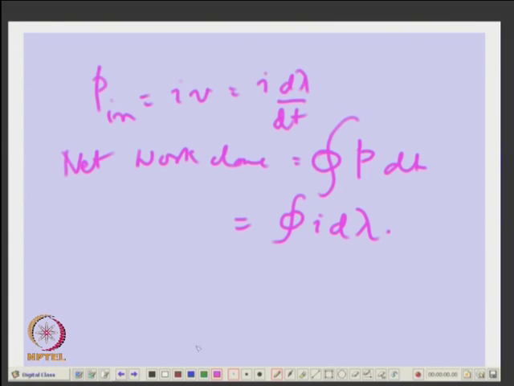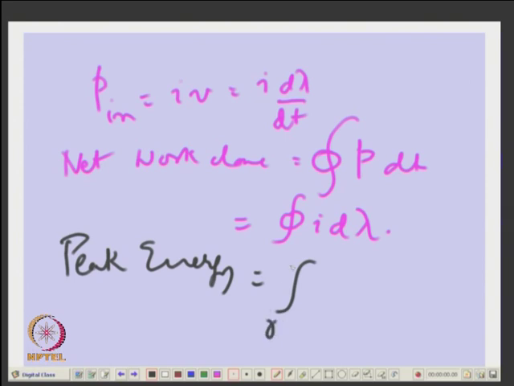Then what is the peak energy given by the inverter, which is 0 to lambda max, because peak energy is whatever it has already pushed into the maximum into I d lambda. Okay. How much energy is given by the inverter in one stroke?